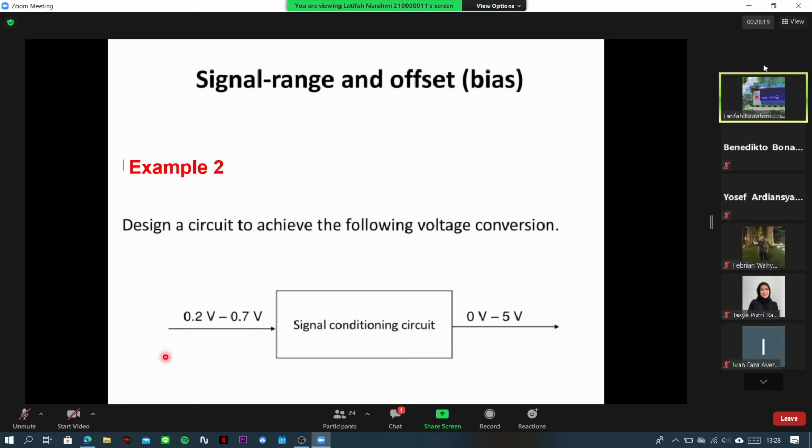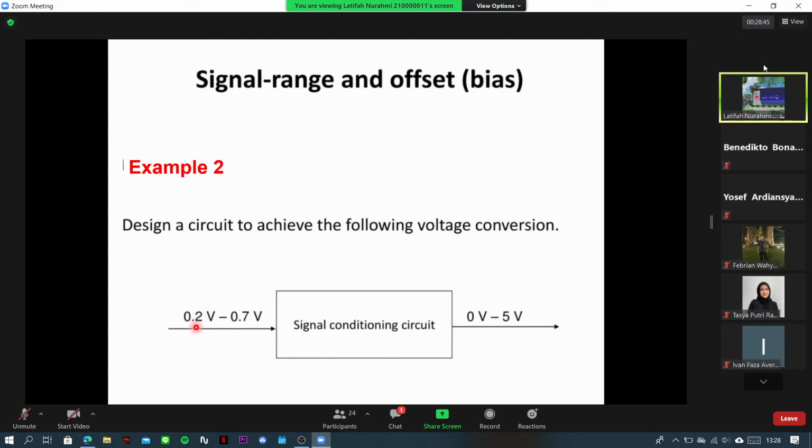Let's see number one, signal range and offset or bias. Let's take a look at an example. Design a circuit to achieve the following voltage conversion. So you have a voltage coming in and it's too small.